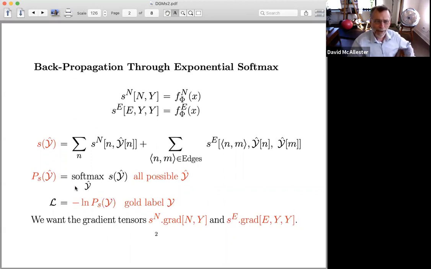We want to back propagate through this exponential softmax to get the loss gradients on these tensors. And once we can get the gradients on these tensors, we can just use standard back propagation to back propagate through these neural networks and update the neural network parameters. So our problem is the back propagation through this exponential softmax.